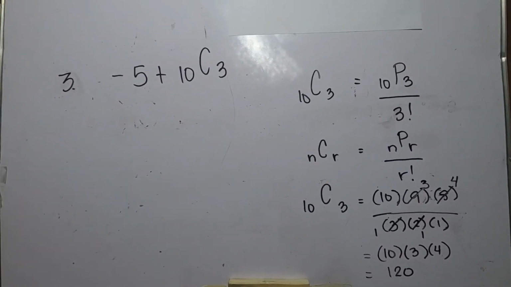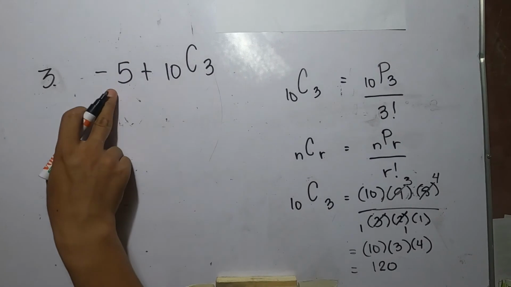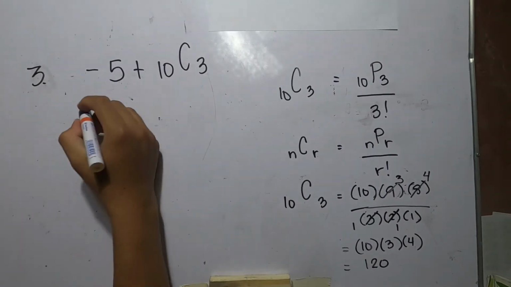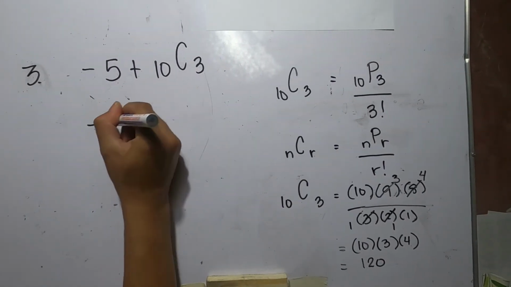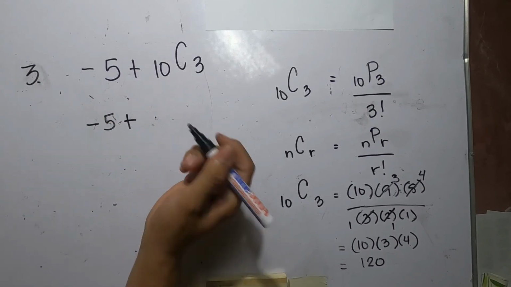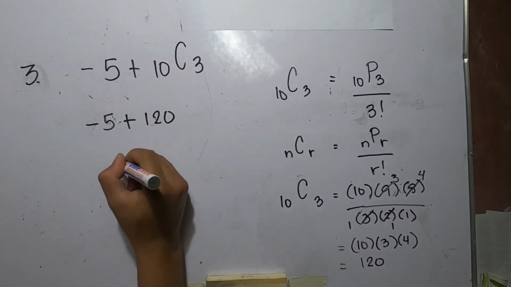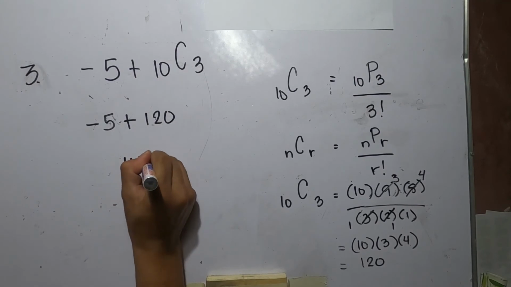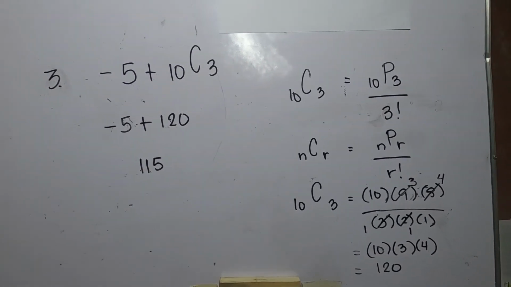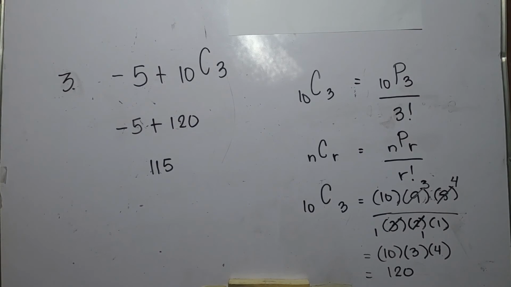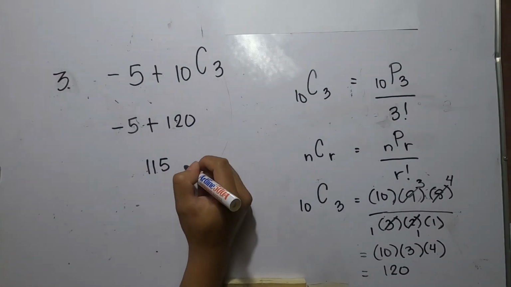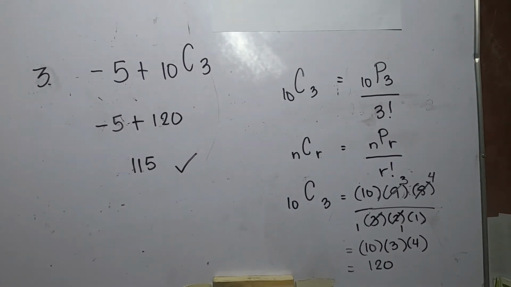So, we already know the value of combination of 10 taken 3, and that is to be added to negative 5. So, that is negative 5 plus 120, that is equal to 115. Therefore, the sum of negative 5 and combination of 10 taken 3 is equal to 115.